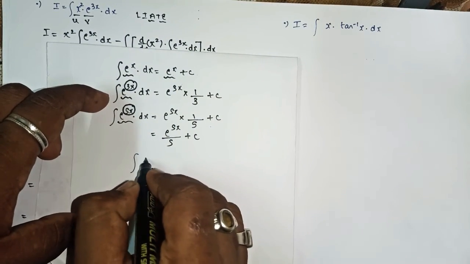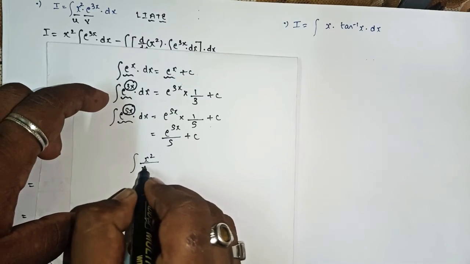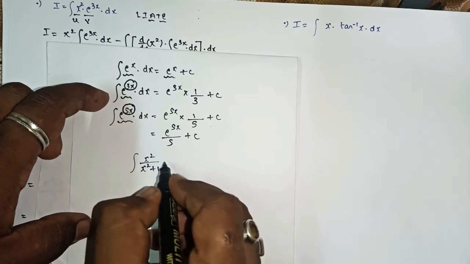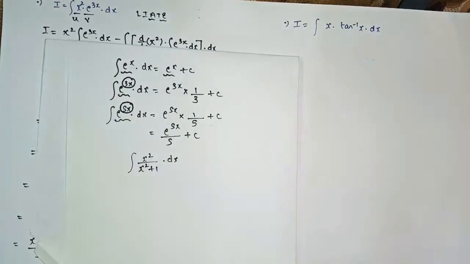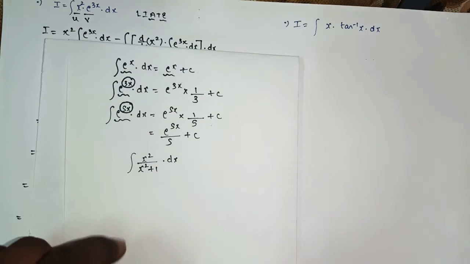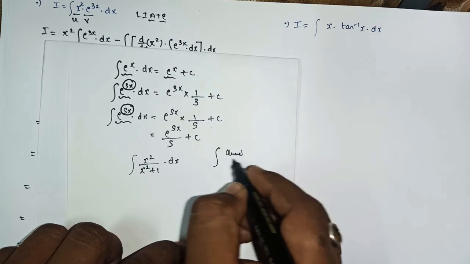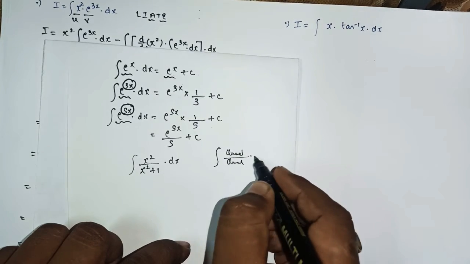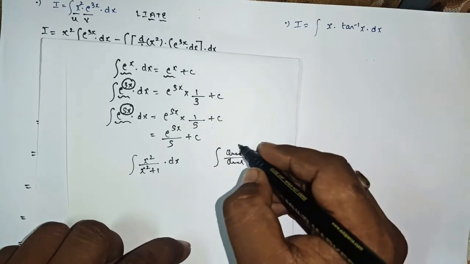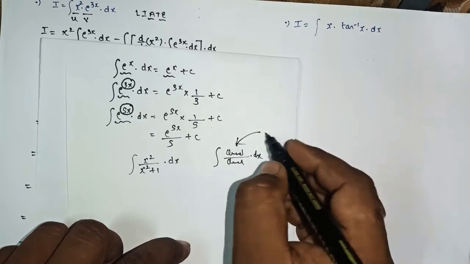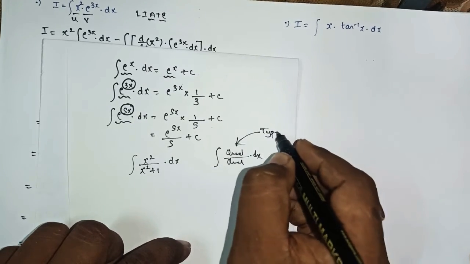Whenever you come across integration like this, integration of x square upon x square plus 1, in simple language, a quadratic function upon a quadratic, here we don't have any separate type for quadratic upon quadratic.